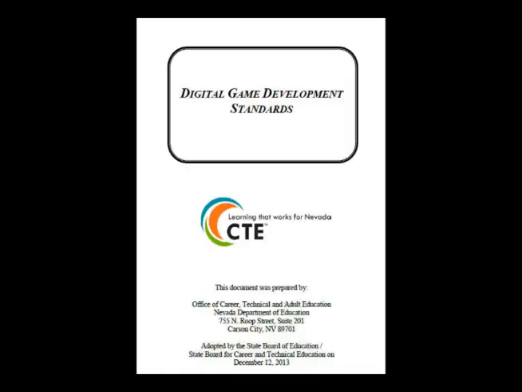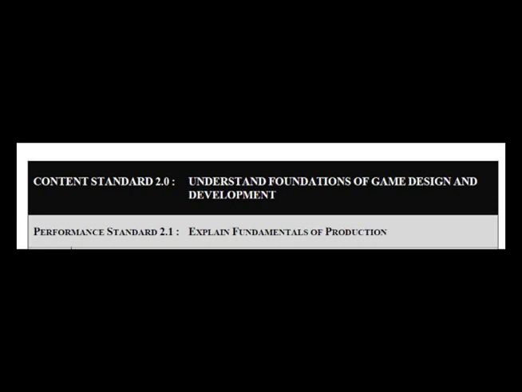This class has state standards. The state standards were approved in December of 2013. The performance indicators, which we all have heard of and are very familiar with, pretty much determine whether a student meets the performance standard, and these performance indicators can be used as learning outcomes.